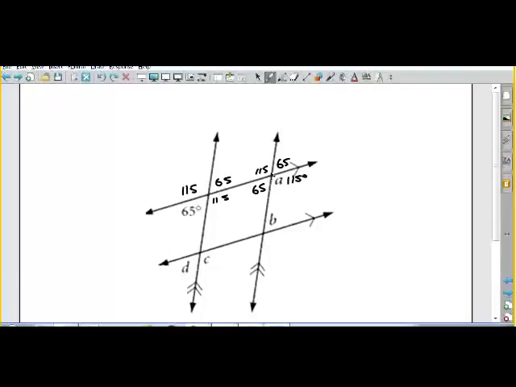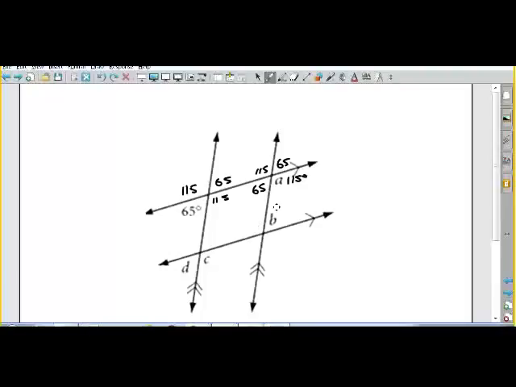Okay, now we move to where we have this line. This is the transversal, and these are the two parallel lines. This is a small angle. So if this is the small angle associated with these two parallel lines and the transversal, what angle should that be? 65 or 115?